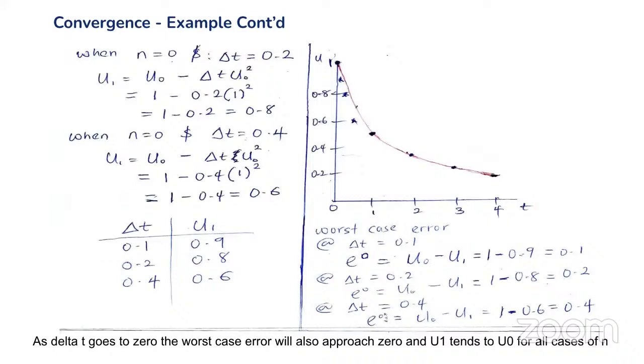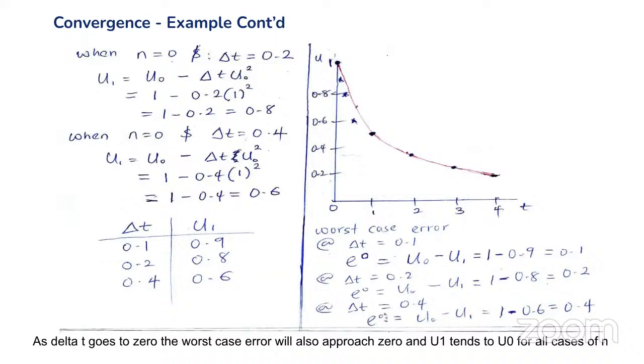Like that, we continue with the other steps at delta t equals 0.2, still at that first iteration step n equals 0, and also at delta t equals 0.4. So we get the solution for each step at that particular point. There's a table there that shows what we are doing. When we put that inside the curve, remember we already have drawn the curve of how the true solution looks.